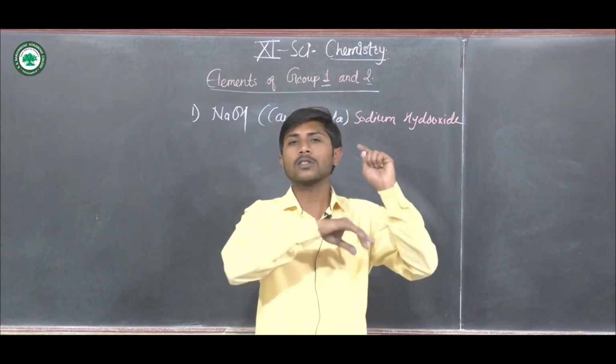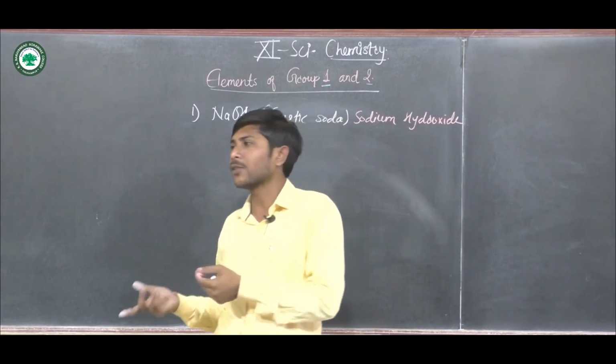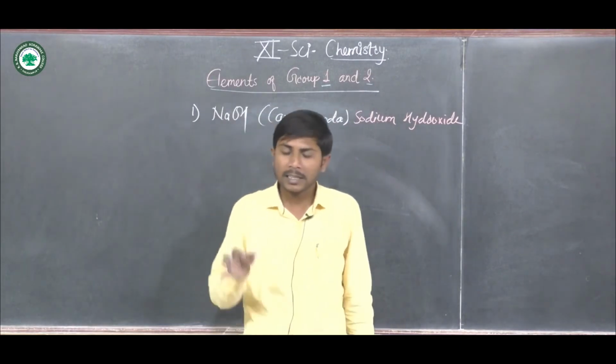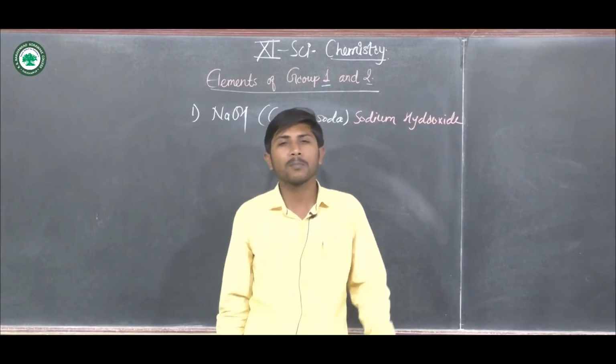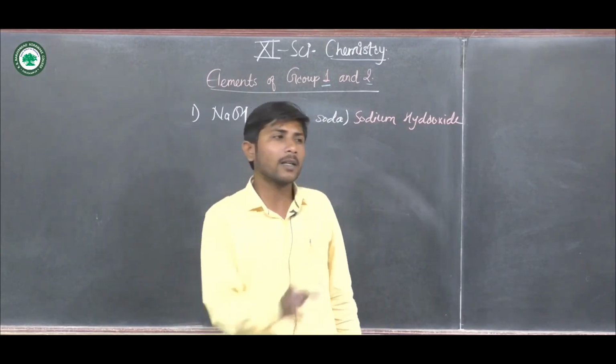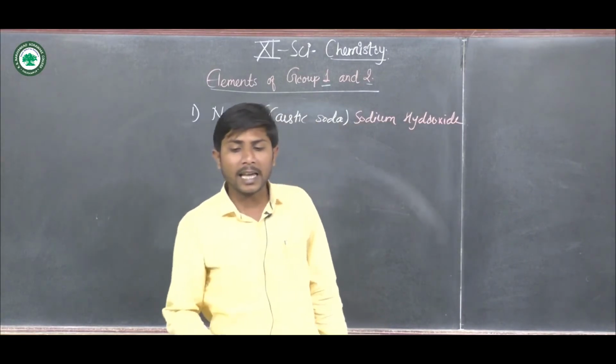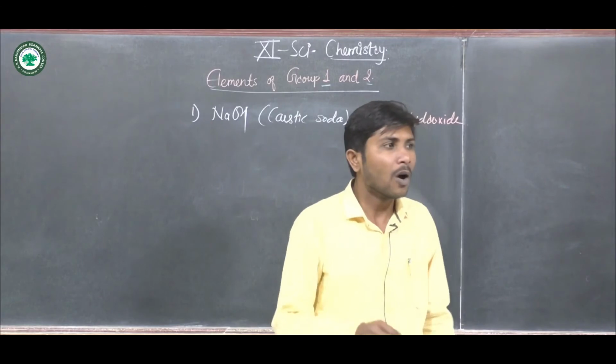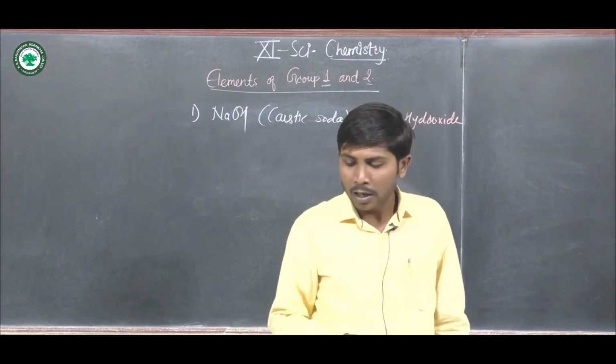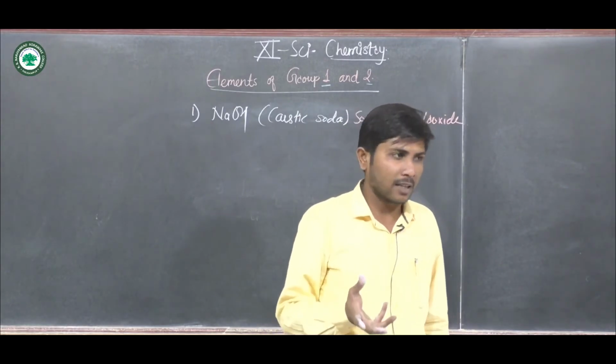As we know, the cathode is negatively charged and the anode positively charged. The sodium chloride solution is introduced in the Castner-Kellner cell.